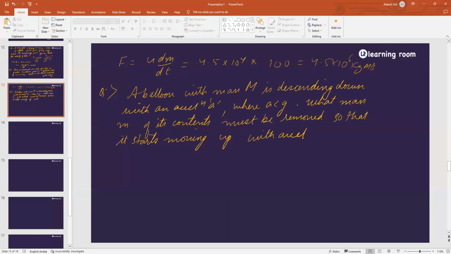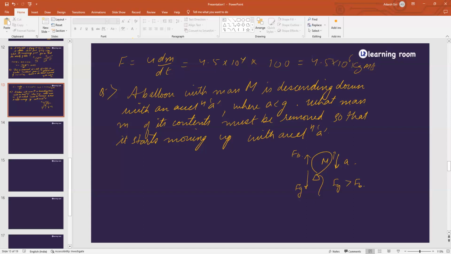So the thing is that earlier there was a balloon, it was descending down. The mass was M. It was descending down with an acceleration a. That means the force of buoyancy, let us say F_B, acted on it, was less than the force of gravity. Force of gravity was greater than force of buoyancy. In the next case, you have to take out some mass from it.